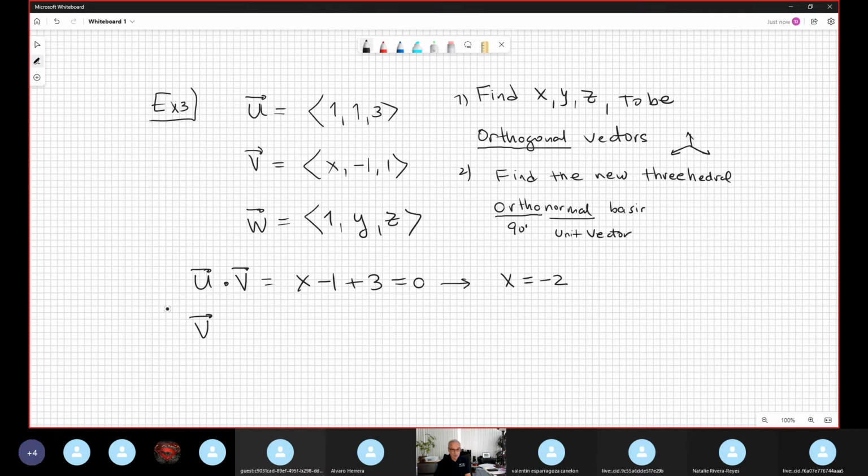Let's continue. Now multiplication B and W, for example. B and W. You pick one pair, one couple, and you multiply. So when you multiply B and W, we have x. But I know that x is negative 2, so negative 2. No necessary put x because I know that x is negative 2.